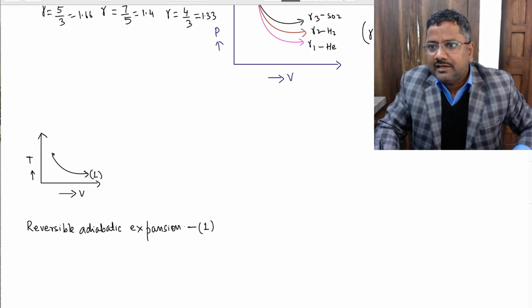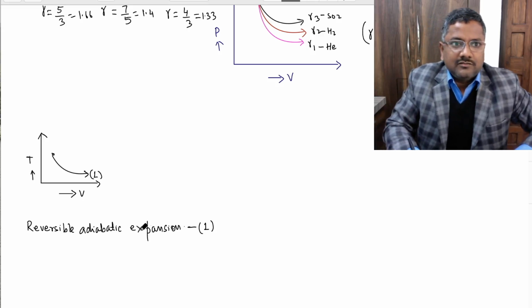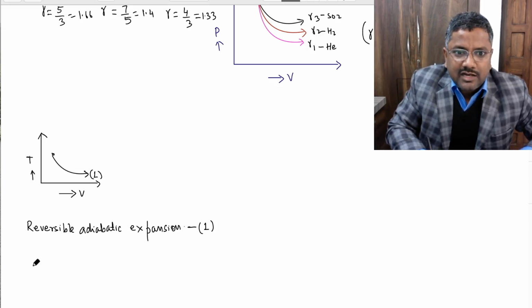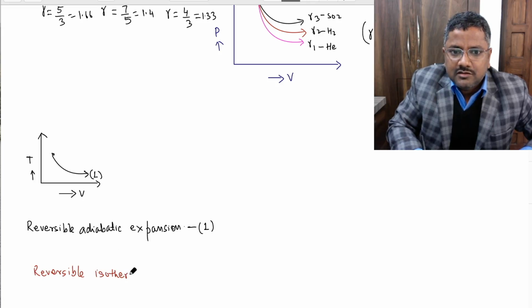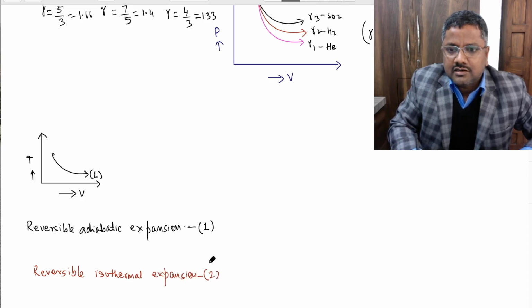And if it is asked, reversible isothermal expansion, this is curve 2.